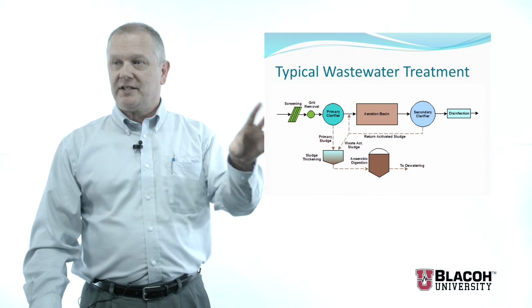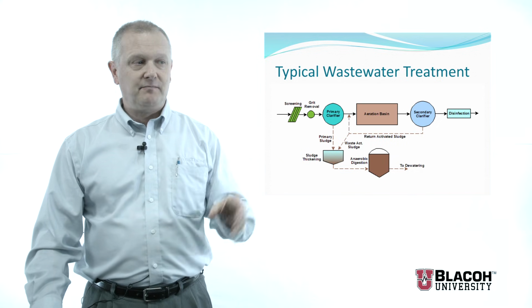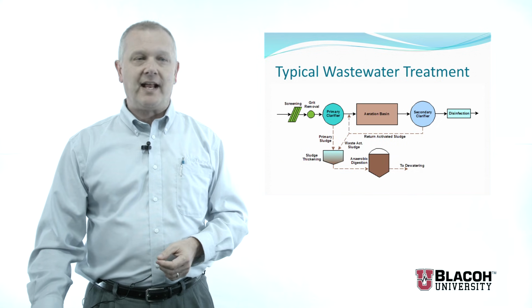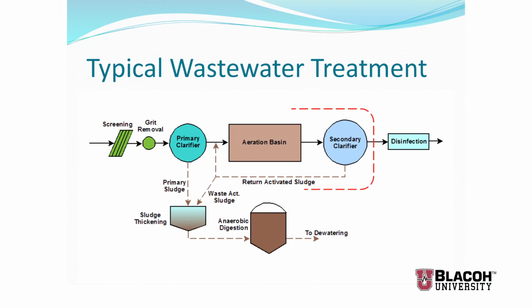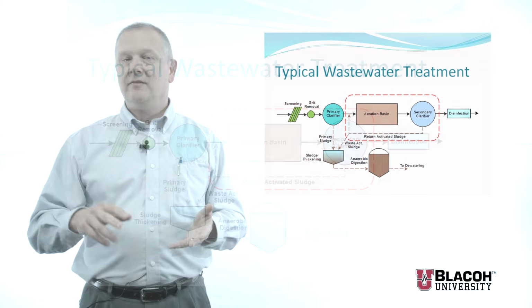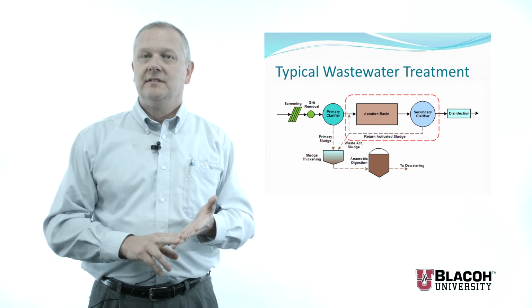I will explain more exactly what's involved in that system, but you can see in the diagram where that activated sludge system is located. It consists of a large aerated basin and a clarifier and a recycle stream. Following that, the liquid has been cleaned quite well, and all that's left is disinfection, where we kill whatever germs are left using chlorine or ultraviolet light.